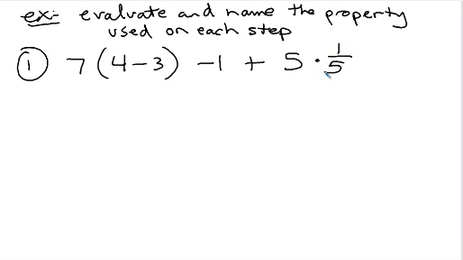Doing order of operations, don't I need to do the 4 minus 3 first? What's 4 minus 3? 1. Okay, stop for a second. What property says I can replace 4 minus 3 with 1? Isn't it the substitution property?